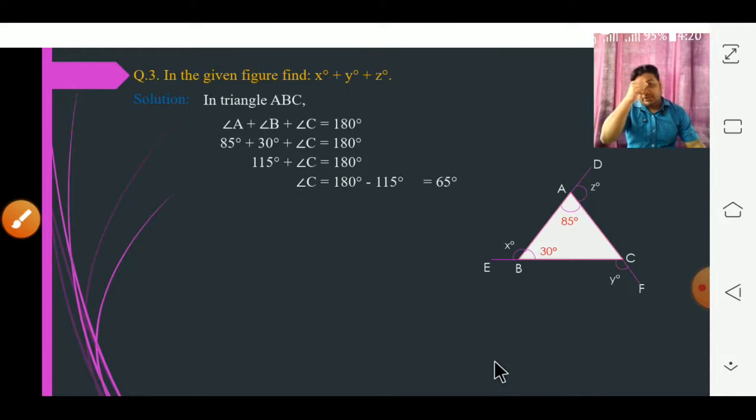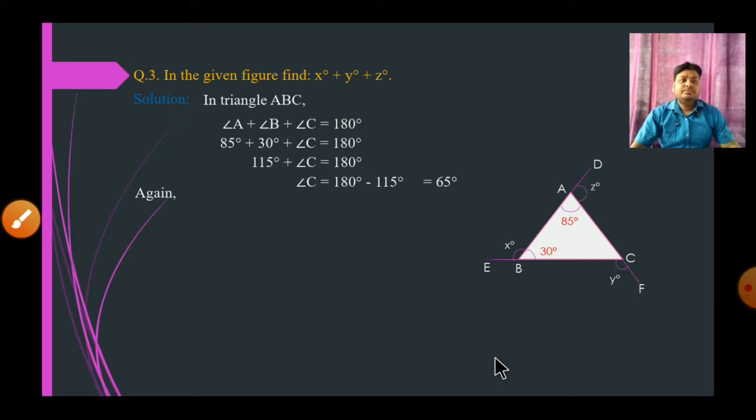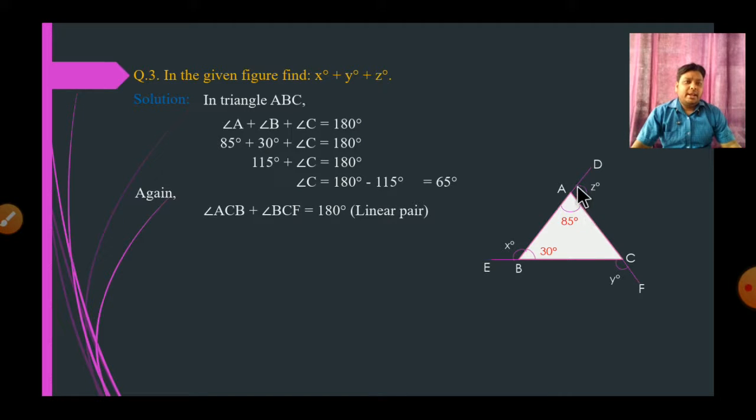After that, here angle ACB is this angle, and angle BCF is the outside angle. Angle ACB we just got is 65 degrees, and angle BCF is y degrees.